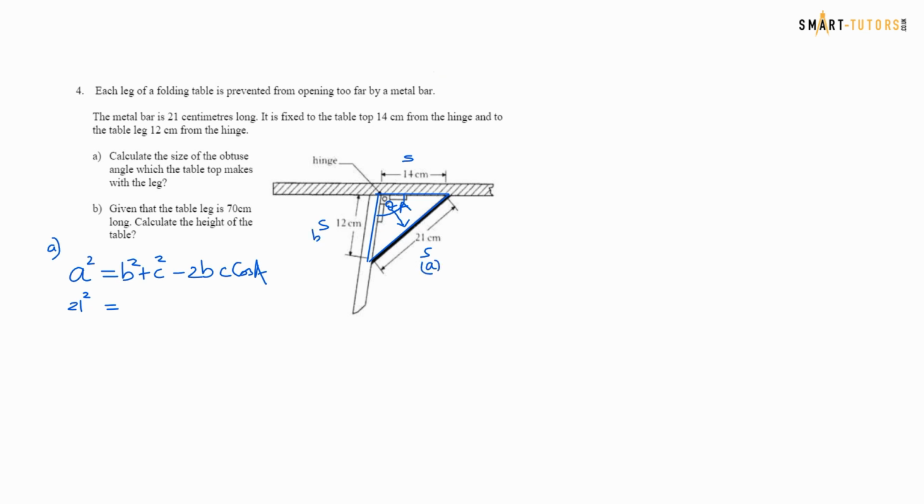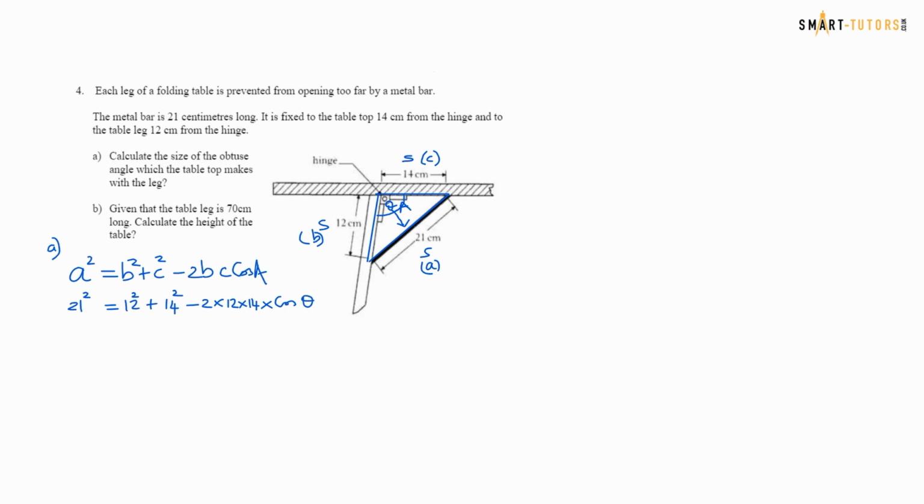You can put this as b and this as c. So 21 squared equals 12 squared plus 14 squared minus 2 times 12 times 14 times cos A.